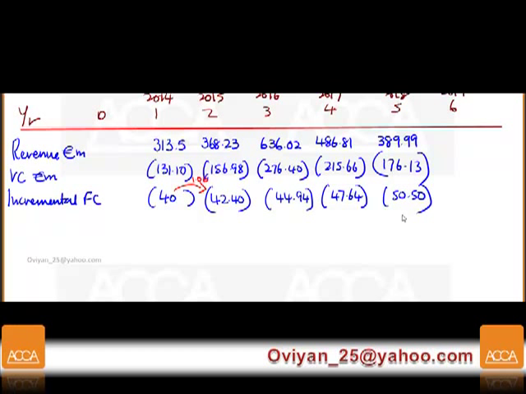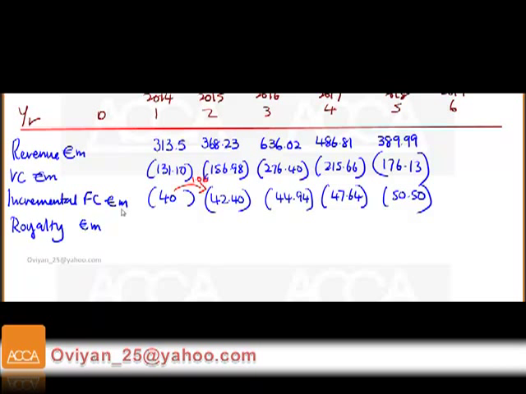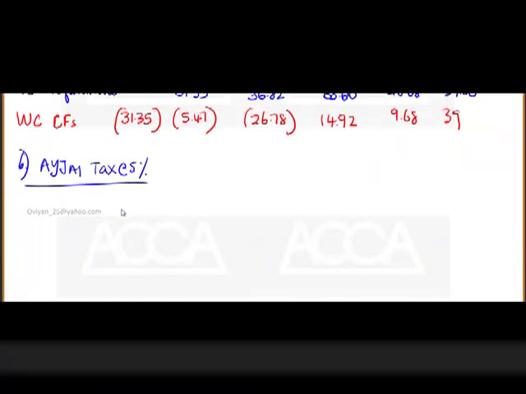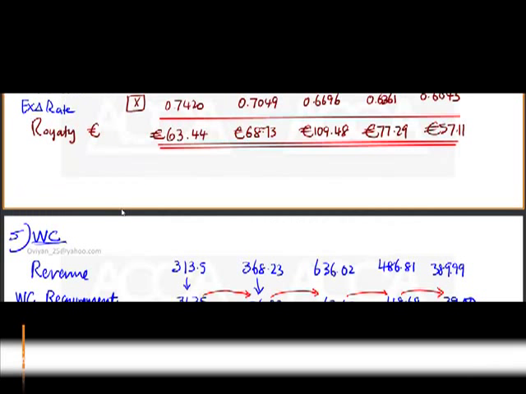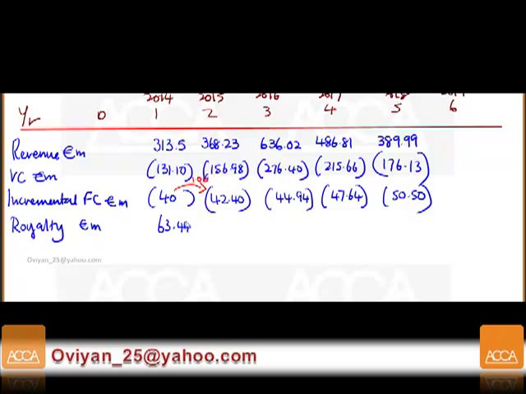Alright, don't forget there are royalty expenses in euro million as well. We have a working for royalty expenses just now. So just copy that one here. This is going to be 63.44.